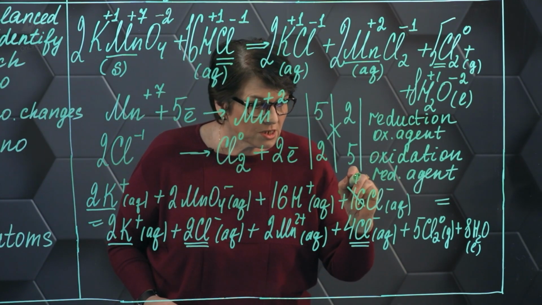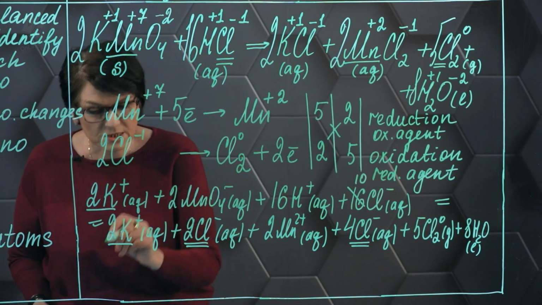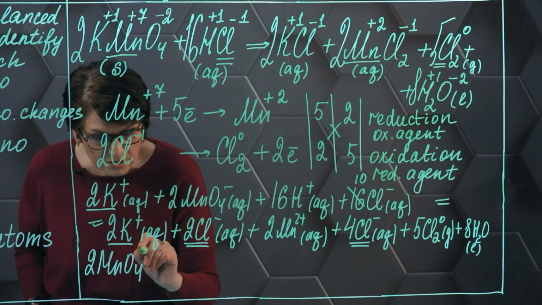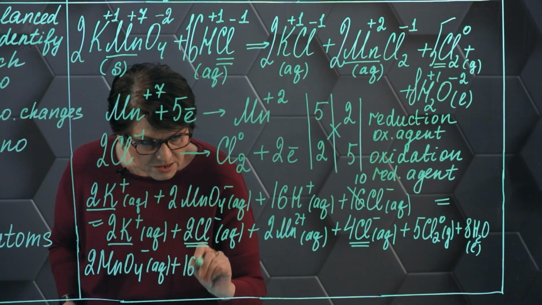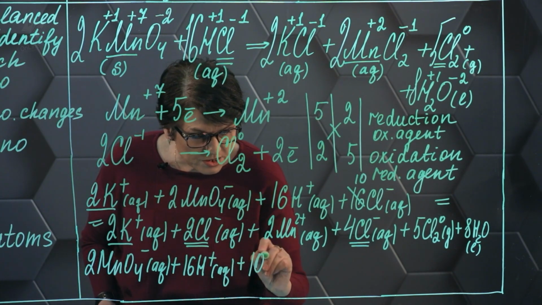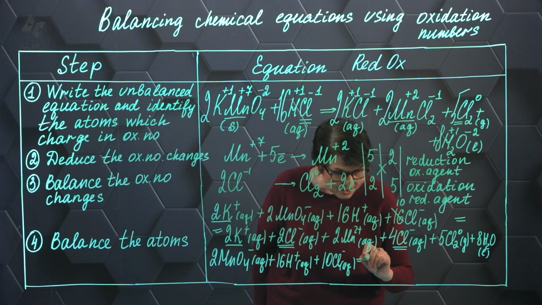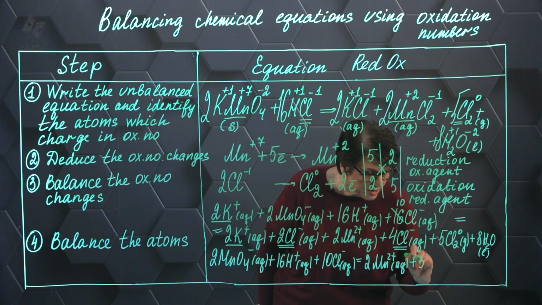And our equation would finally be left with 2 MnO4 minus plus 16 H plus plus 10 chloride ions, equals 2 manganese 2 plus plus 5 Cl2 as a gas plus 8 water.